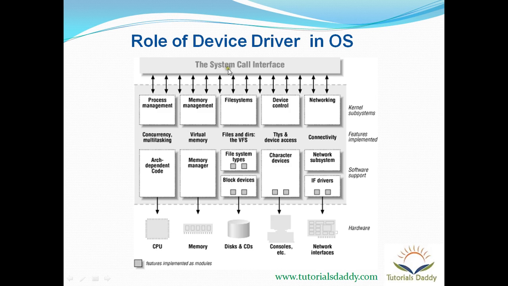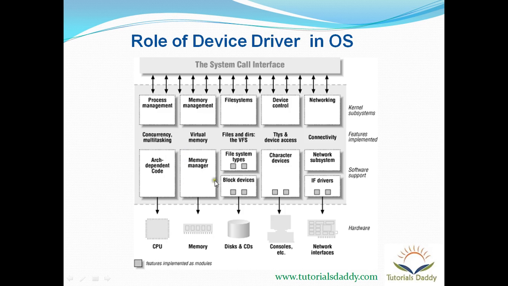After the system call interface we have different subsystems in the kernel. You can see here we have the process management subsystem, memory management, file systems, device control and networking. These are all the kernel subsystems. After that, this layer contains all the drivers which manage all the devices connected to our system. Here you can see the architecture dependent code, which manages our CPU cores.